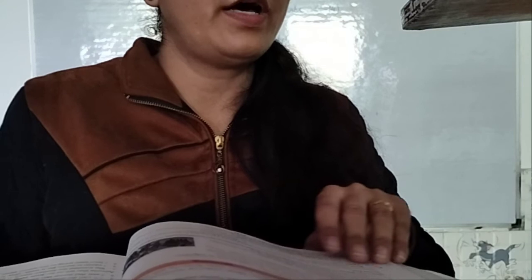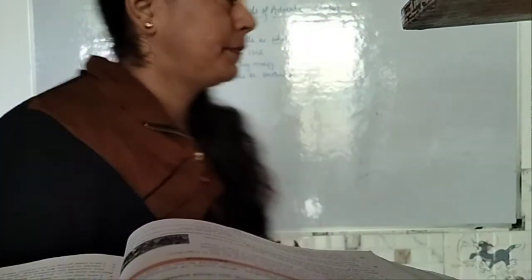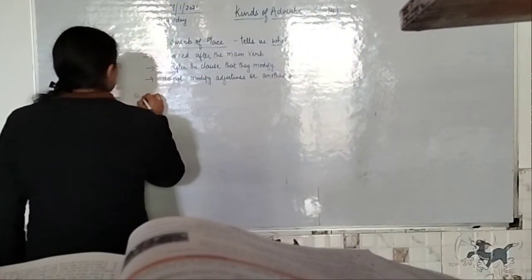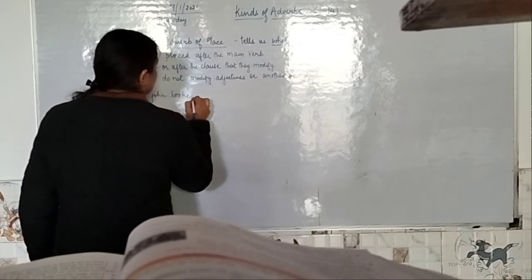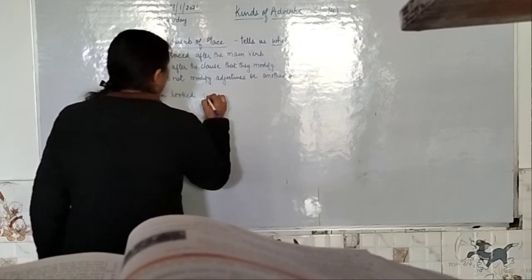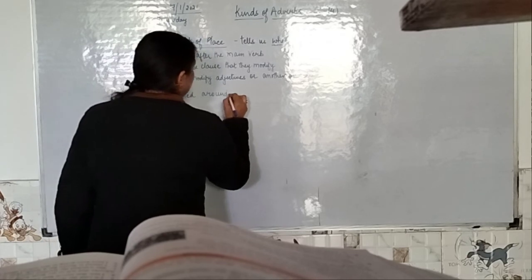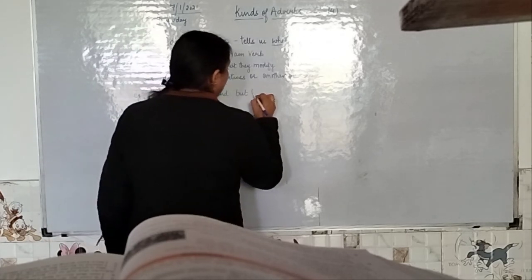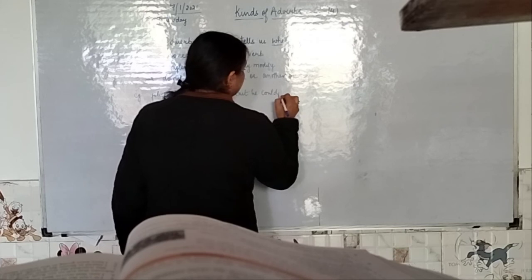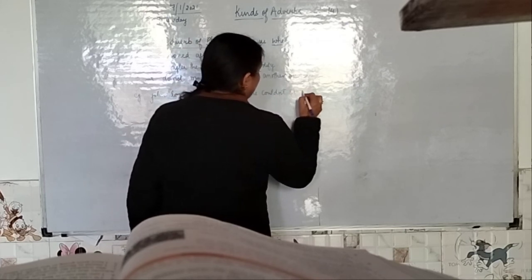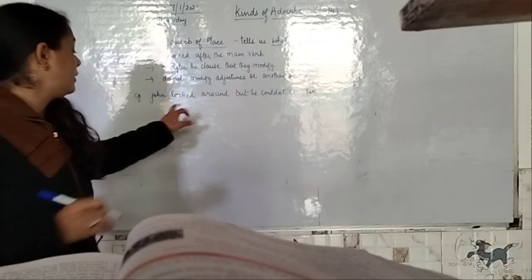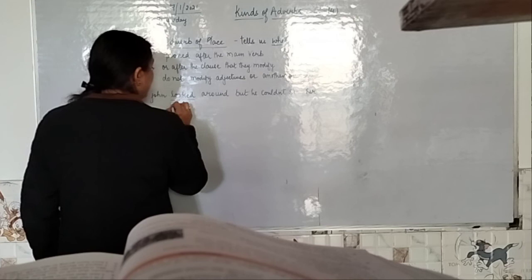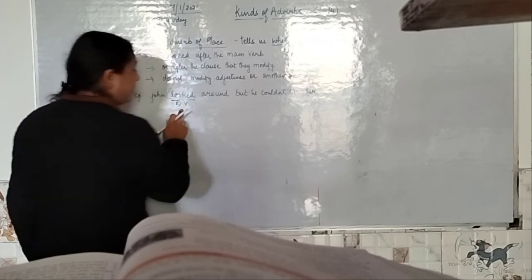Like, John looked around but he couldn't see her. Now here looked is the main verb, ये हमारा main verb है यहाँ पे.